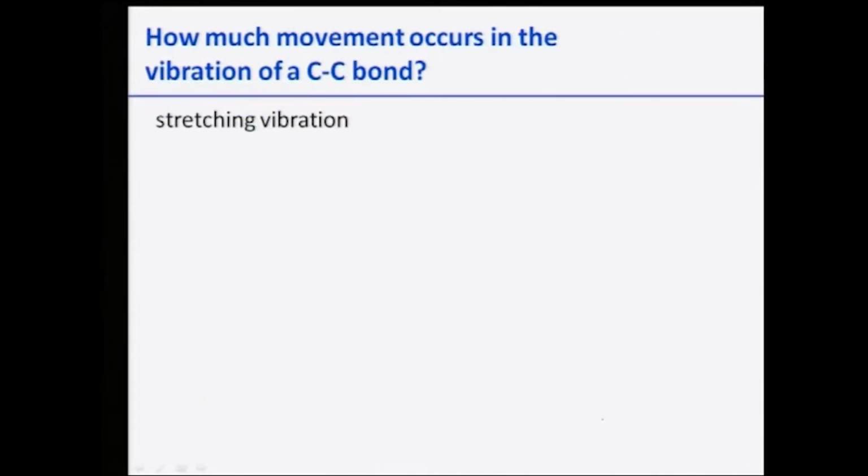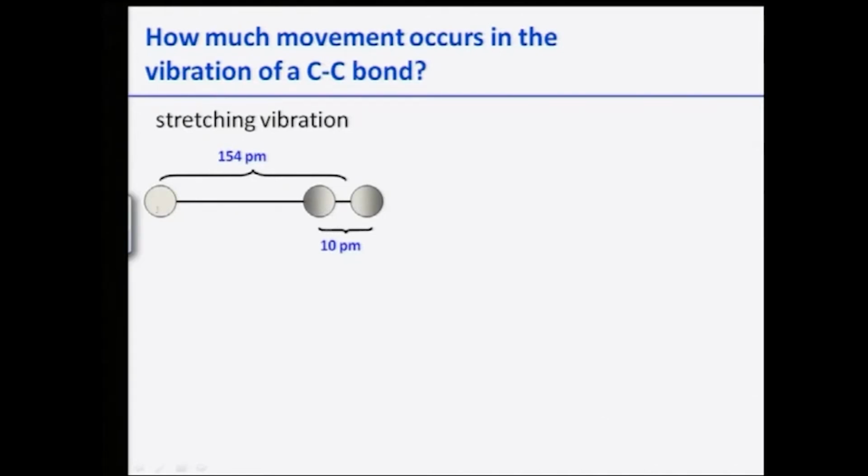So how much movement occurs in a vibration of this C-C bond? Let us look at the nitty-gritty details. Suppose this is one carbon atom and this is another atom. If they vibrate, approximately what length can it vibrate? The distance is approximately 10 picometers, and the bond length is about 154 picometers.